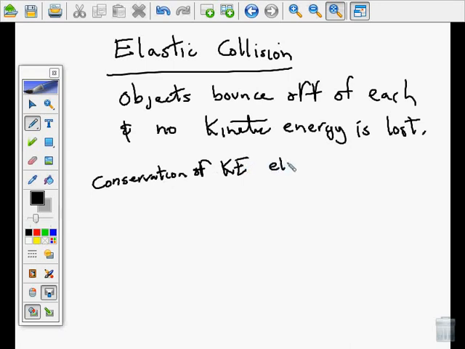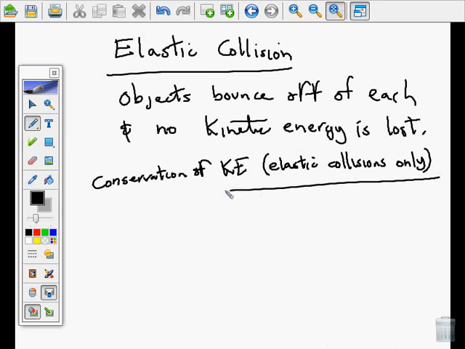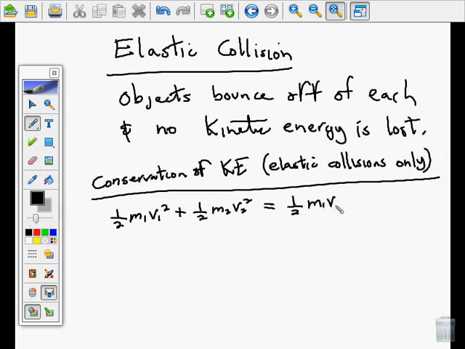Again, that's for elastic collisions only. So basically, what that boils down to is 1/2 m1 v1 squared of the first object plus 1/2 m2 v2 squared of the second object before the incident equals 1/2 m1 v1 squared plus 1/2 m2 v2 squared after the collision.